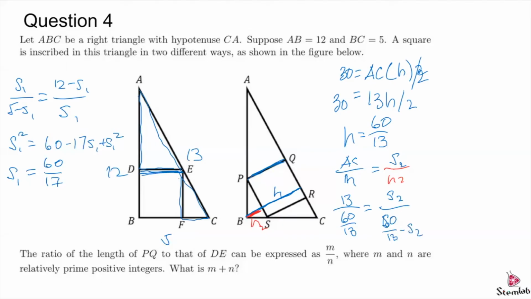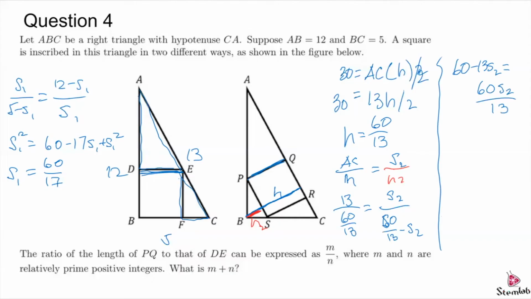Okay. So doing some cross multiplication and simplification, we get 60 minus 13 S2 is equal to 60 S2 over 13.